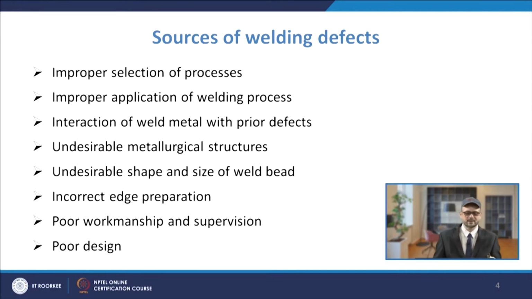Then you have incorrect edge preparation. Many times the edge preparation which is done is not proper, not very correct. You have poor fit up, that is also there. In those cases you are not likely to have the proper welding characteristics, so when you do the welding, it will not give you the optimum properties.